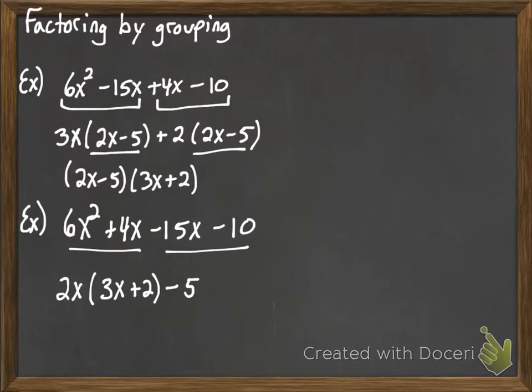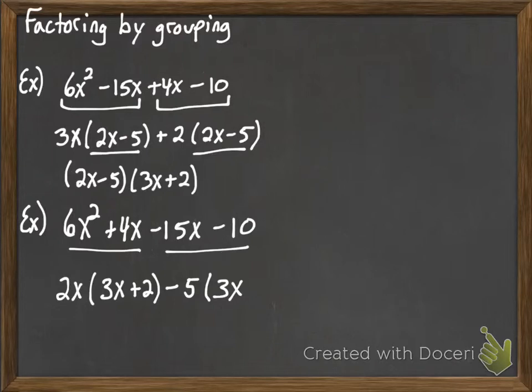What we have to understand here is that we've actually factored out a negative 5 because of the negative sign we wrote down. So when I come back, negative 5 goes into negative 15 with 3 left over and the x. Most people get that one, no problem. They seem to intuitively get that right. But when it comes to the 10 here, negative 5 into 10, it's not 10, it's negative 10.